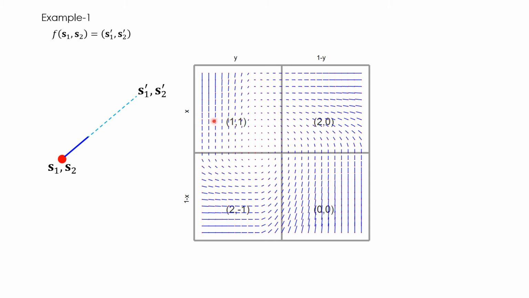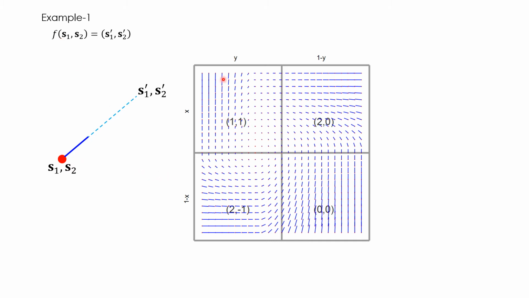Now, you see that you have tiny lines here, which begin with a red dot. That red dot here corresponds to the argument S1, S2, the mixed strategies of agent 1 and agent 2. And then the blue line here points along the direction of S prime 1 and S prime 2, which are the outputs of this function here.